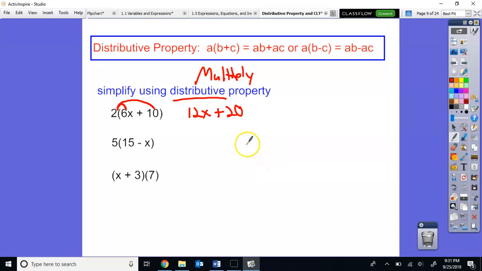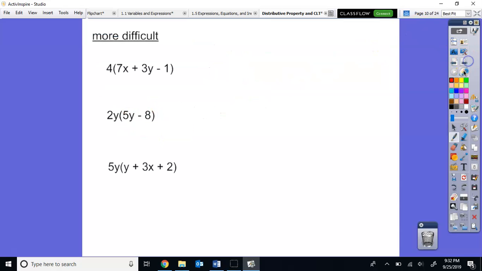It is not adding, and you can't add these together. 12x and 20 are not like terms. This one has an x, this one doesn't. Same thing with 6x and 10 at the very beginning. I can't add those together. So the distributive property was multiplying.